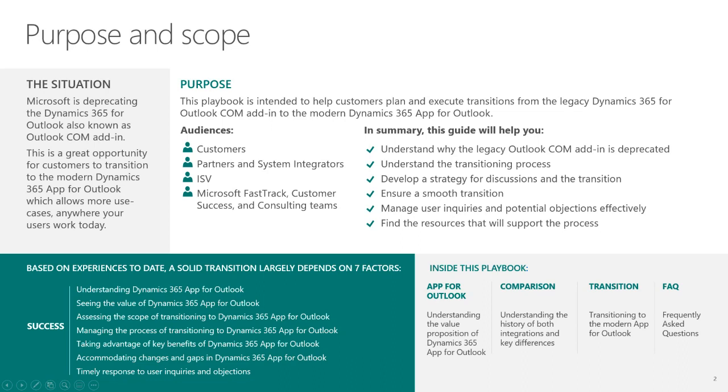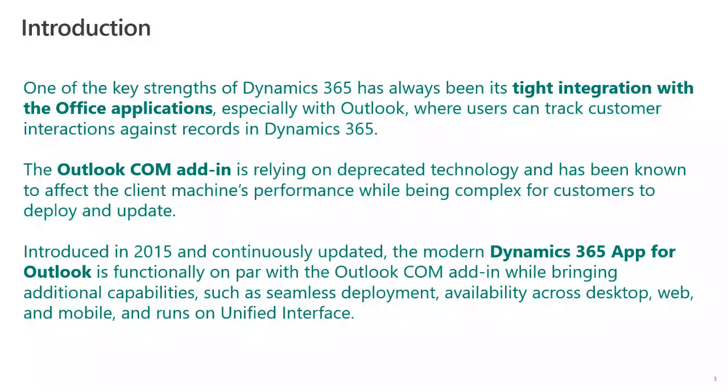As an introduction, one of the key strengths of Dynamics 365 has always been its tight integration with the Office applications, especially Outlook, where users can track customer interactions against records in Dynamics 365. The Outlook COM add-in relies on deprecated technology and has been known to affect the client machine's performance while also being complex for customers to deploy and update.